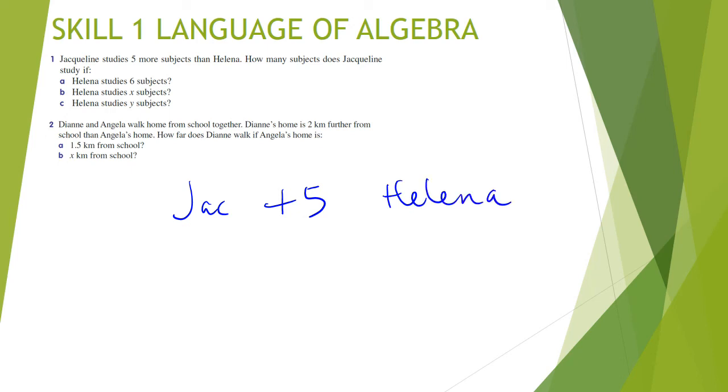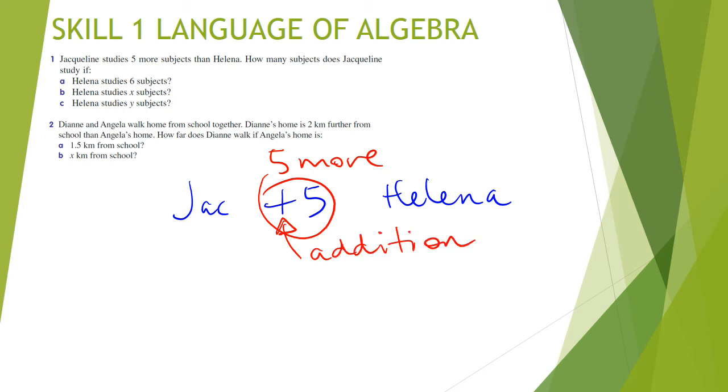This is our key part. 5 more. If we want to have more than, we use addition. Now, the key skill here is understanding which math symbol goes with the word. 5 more goes with plus. So that's what we're going to use in these questions, plus.